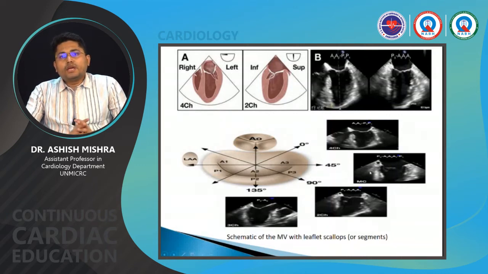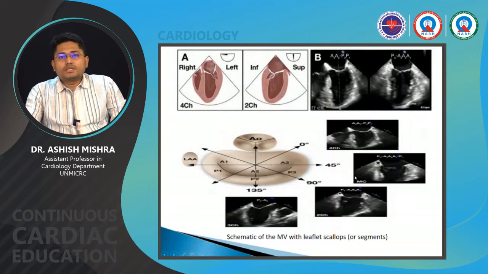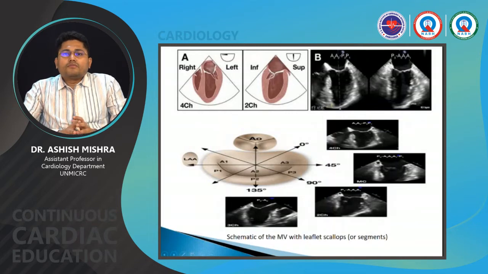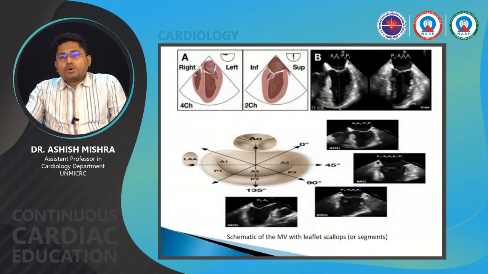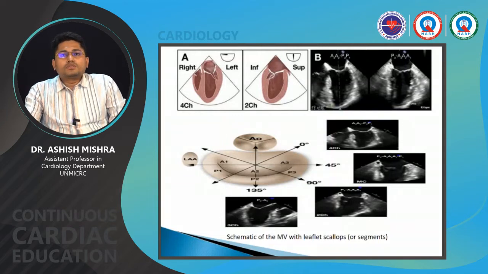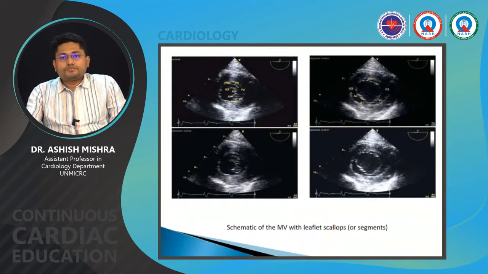Many of the times the A2P2 prolapse is present. This is very well highlighted on the 3-chamber view, which is basically the long axis aortic view at an angle of around 120 degrees. So these are the views where we can see the various regurgitant pathologies, various masses attached over the aortic and mitral leaflets, and this will help us further in improving our care.